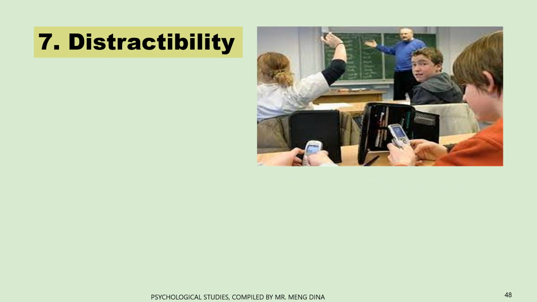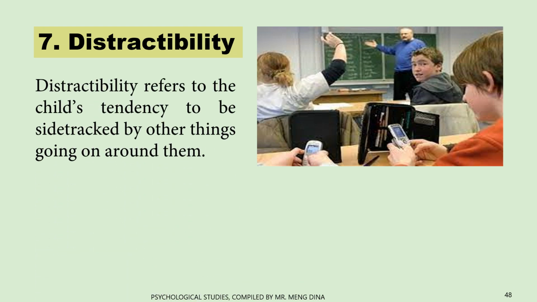If we talk about distractibility, we should know the definition and how to use it first. Distractibility refers to the child's tendency to be sidetracked by other things going on around them.